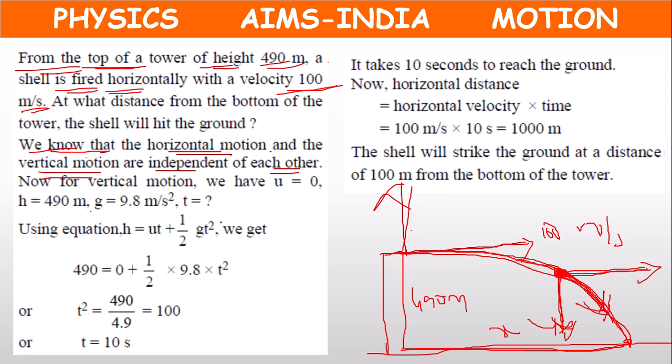So if we consider vertical motion, u0 they have taken. So actually we have thrown it horizontally with a speed of 100 meters per second.